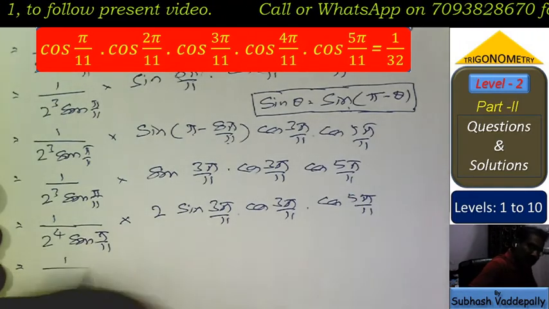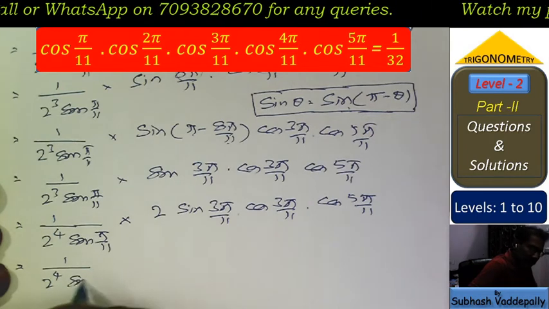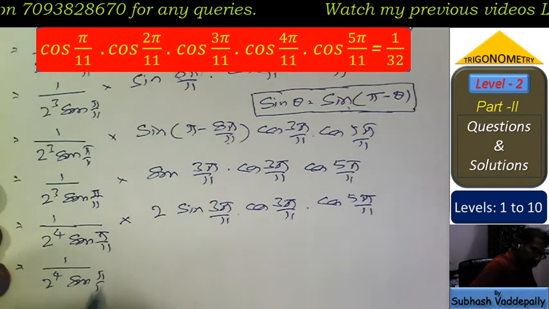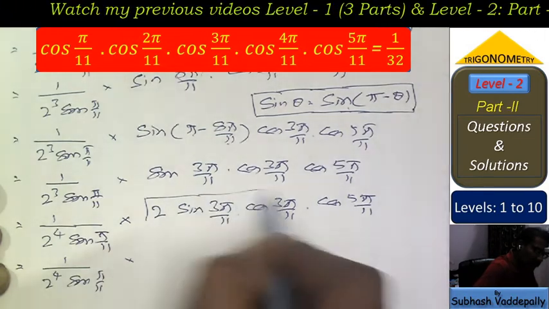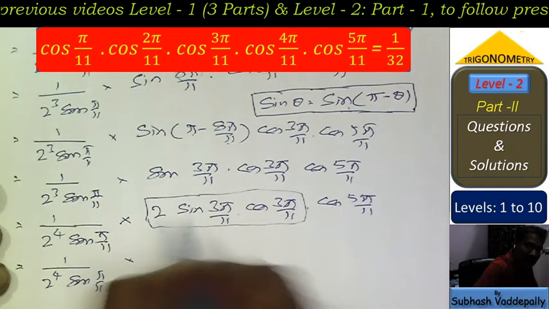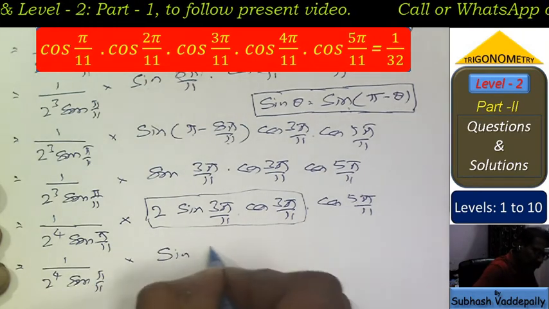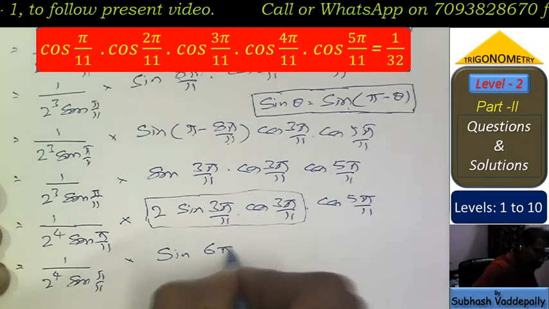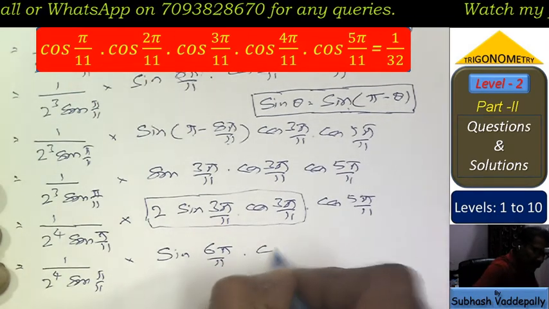This is 1 divided by 2 power 4 sine pi by 11 into this. We got the formula again, right? It is in the form of 2 sine a cos a, that I can write as sine 2a. It is sine 2 into 3 pi by 11, it is 6 pi by 11. And this is cos 5 pi by 11 as it is, I write.